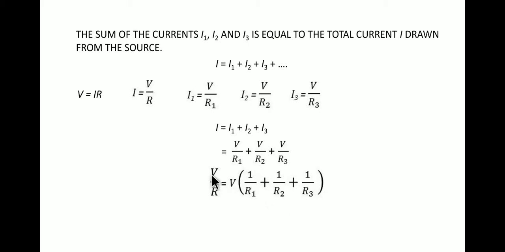This V and this V cancel, and you get 1 by R equals 1 by R1 plus 1 by R2 plus 1 by R3. In general, 1 by R, the equivalent resistance connected in parallel, is equal to 1 by R1 plus 1 by R2 plus 1 by R3 plus and so on, up to the n-th resistance, 1 by Rn. If there are n resistances connected in parallel, this formula is used.